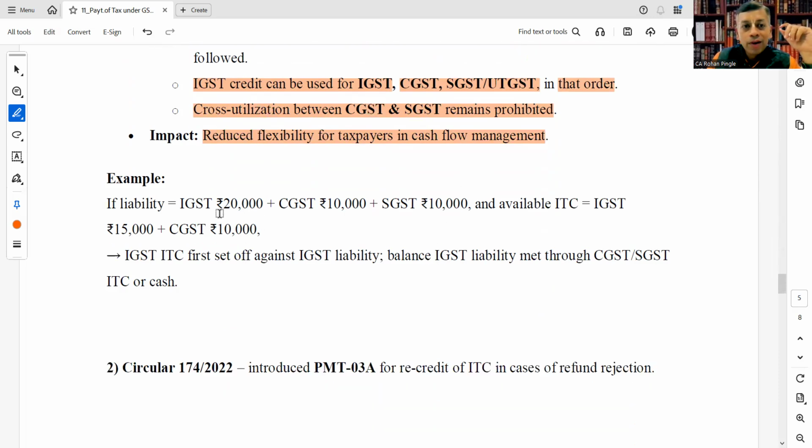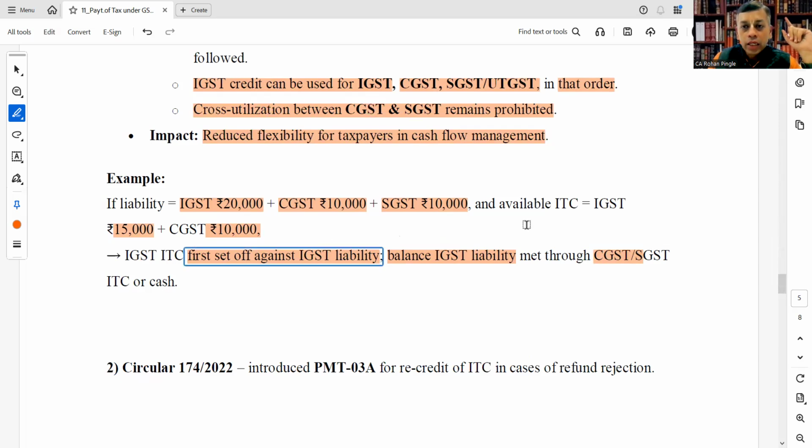Let's say, for example, the liability is IGST rupees 20,000, CGST 10,000 and SGST 10,000, and available ITC is IGST rupees 15,000 and CGST 10,000. Then IGST ITC is first set off against IGST liability, and the balance IGST liability is paid through CGST and SGST ITC or cash.